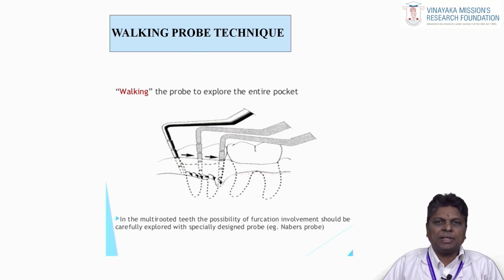Why will 4 and 6 be absent? You may ask me the question, because I told you in my first slide itself, 0 to 3 millimeter is a normal sulcus depth, that is physiology. When it becomes pathology, when you probe, it becomes more than 3 millimeter. That should be taken into consideration. So, for avoiding the confusion, the 4 will be absent. Then why will 6 be absent?